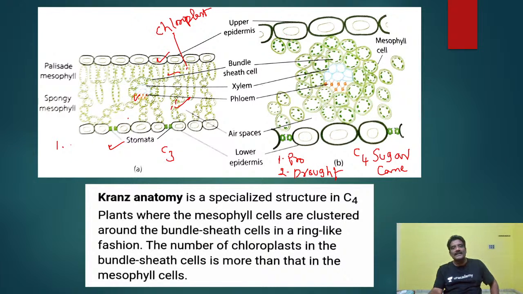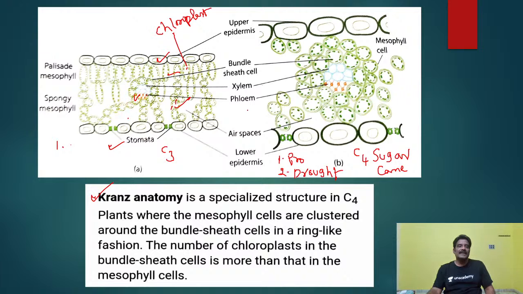If you observe the leaf of the C4 plant, the internal anatomy is very convenient to increase the productivity of photosynthesis. The internal anatomy is peculiar in the C4 plant, and it is called Kranz anatomy.